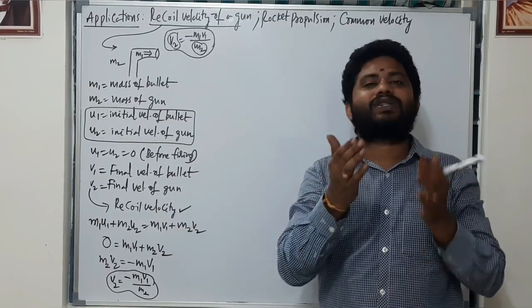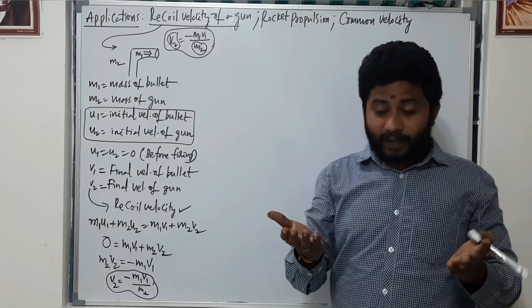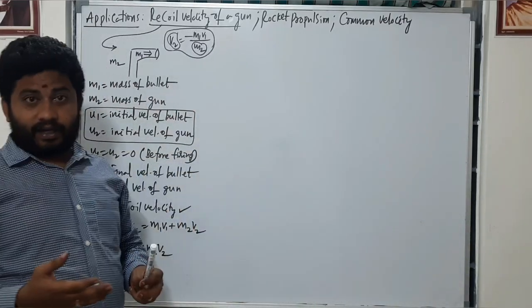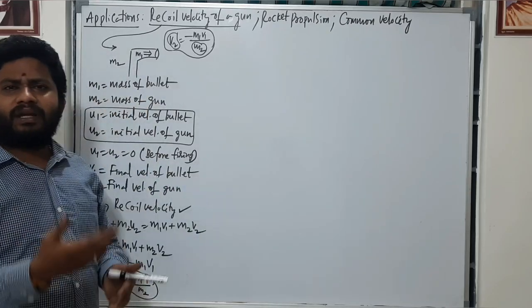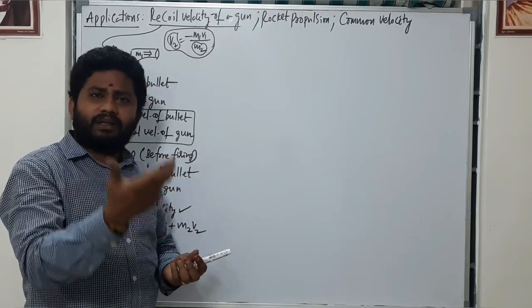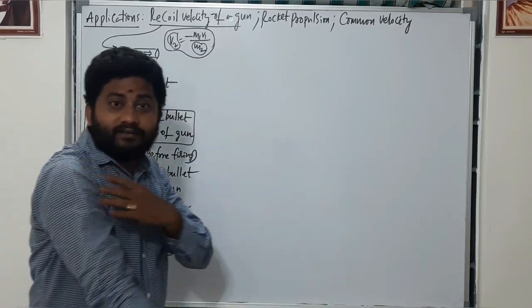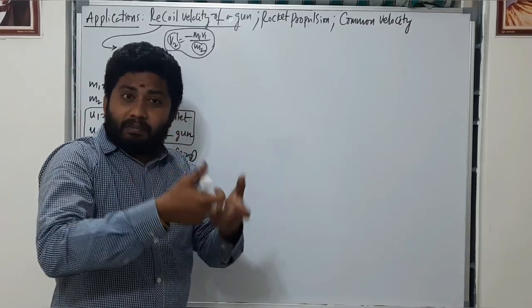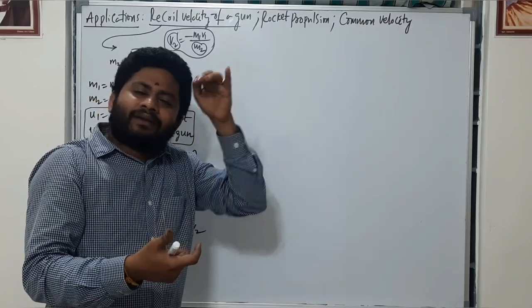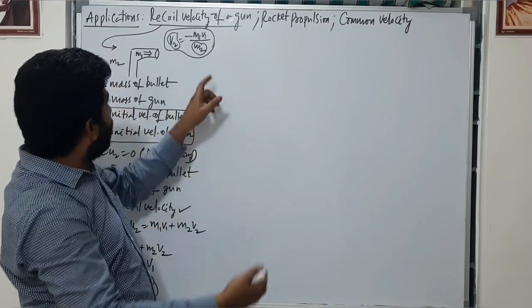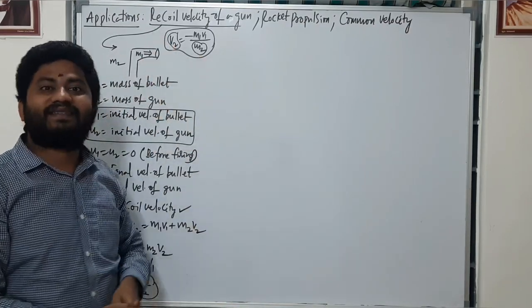See, if you're associated with NCC or Scout training, you might have seen the guns, right? Whatever may be the gun, that may be the rifle gun or the handgun, take the condition of the rifle gun. It will have so much weight or mass just to decrease the recoil velocity, right? So when gun is having more mass, what happens? Its recoil velocity will be less.